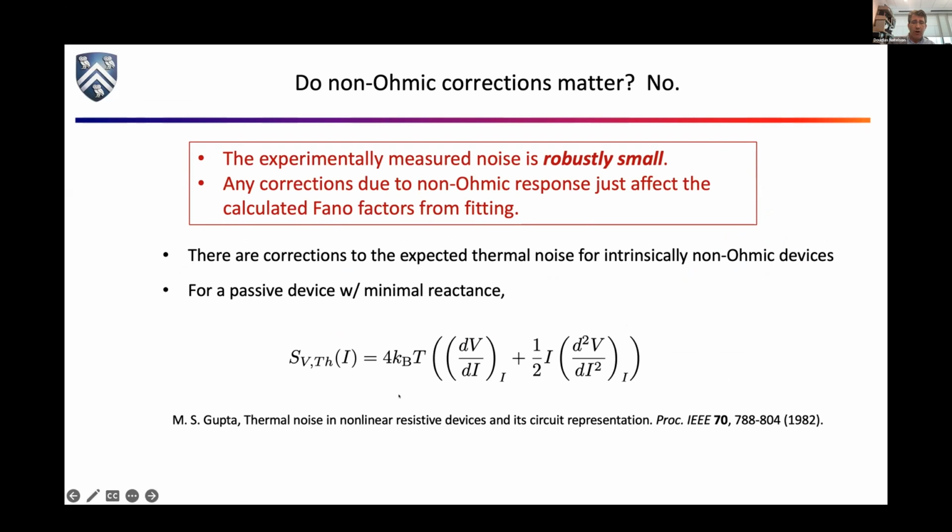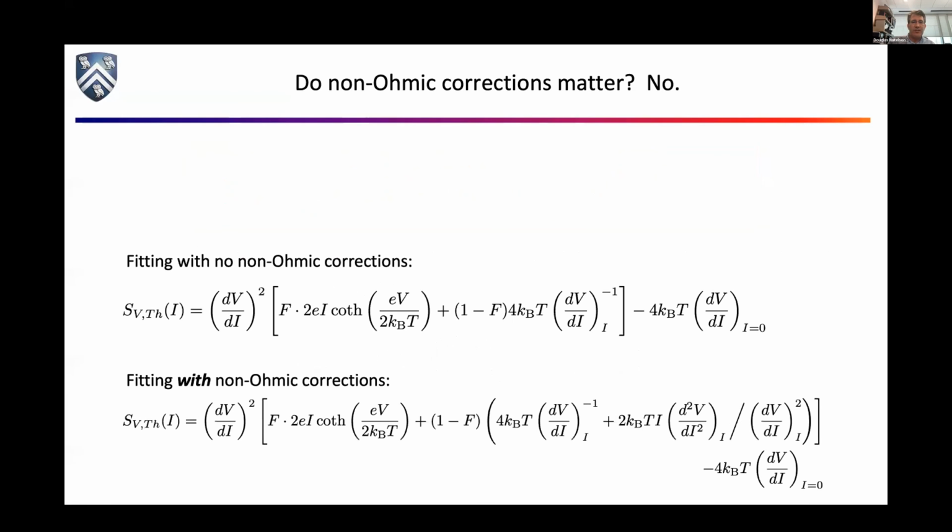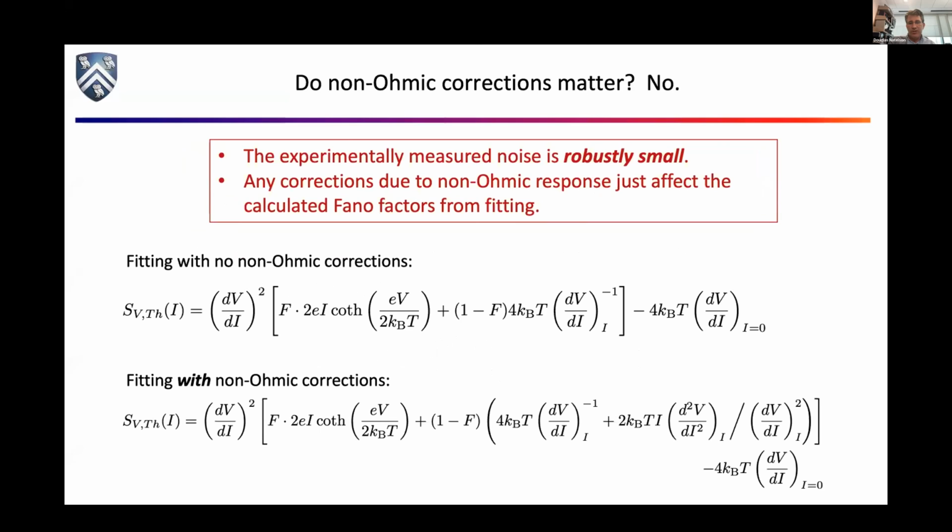It turns out there are people who have worried about how to think about the thermal noise from non-ohmic devices, and you can try and apply this, and you can fit things with various complicated expressions. So here's what our fits look like that I already showed you that don't worry about the non-ohmicness, but here's what the fit looks like if you worry about the non-ohmicness.